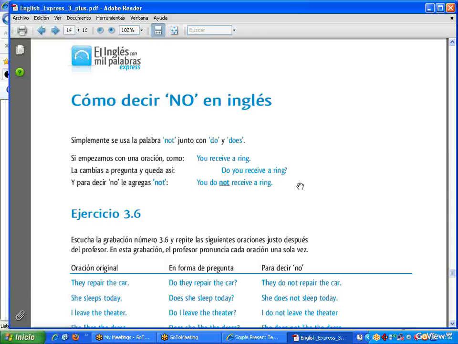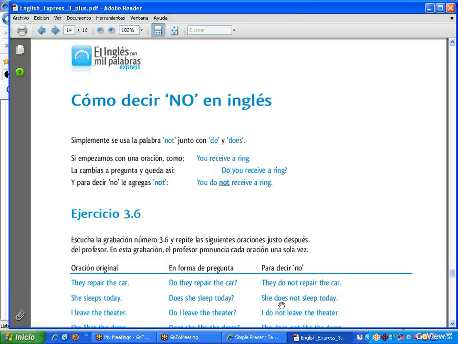Let's look at this structure in a bit more detail. This is the simple present structure. I like coffee. You like coffee. Pero he, she, it: she likes coffee.